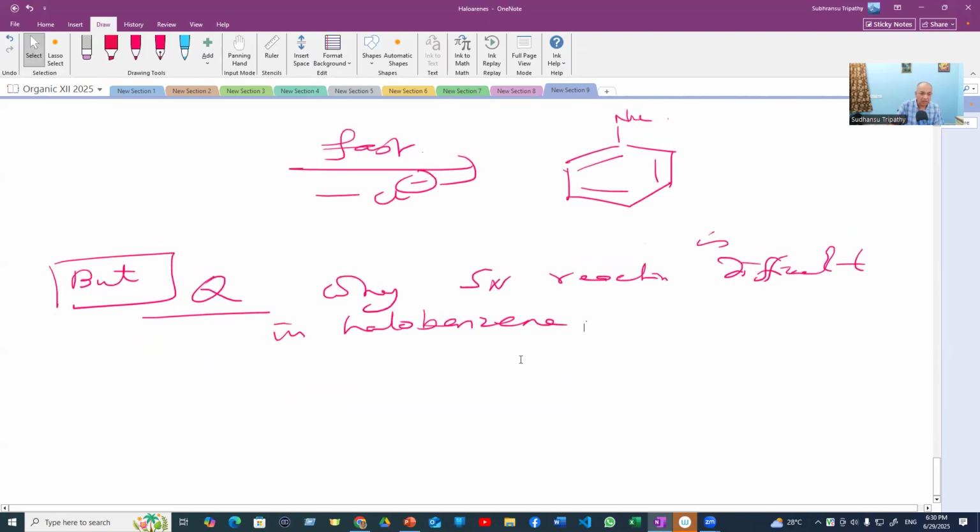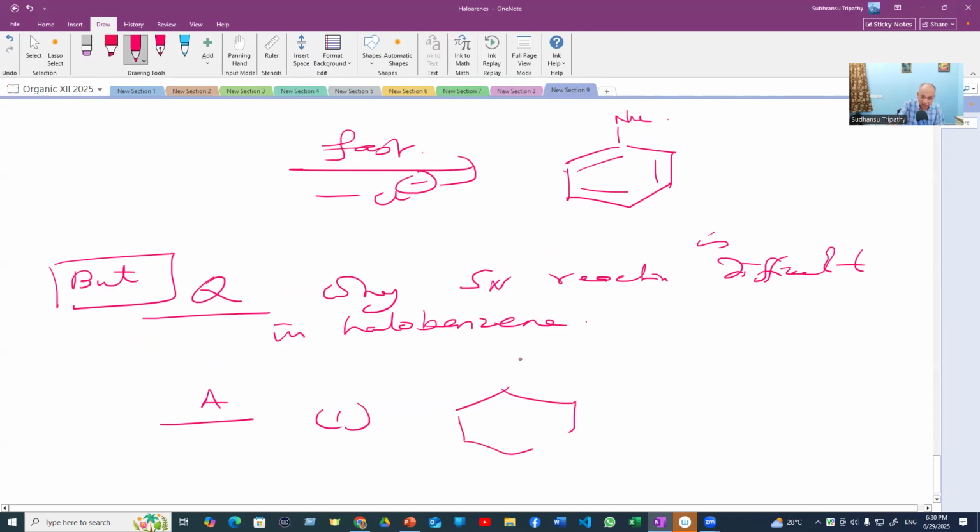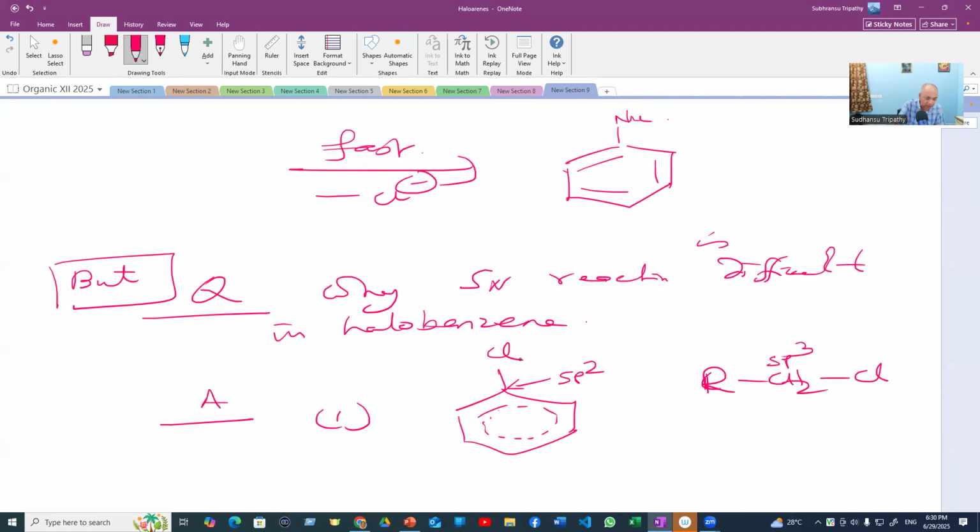The answer that you give to get full marks: number one, draw the resonance structure of benzene with chlorine here. This carbon is sp2 hybridized. Therefore, the C-Cl bond is stronger than in aliphatic compounds. This is sp3 hybridized, this is sp2 hybridized.